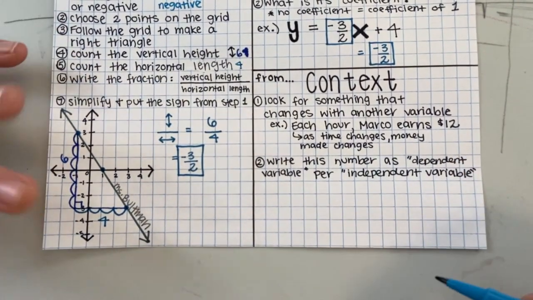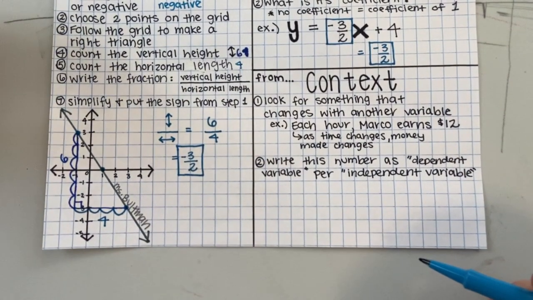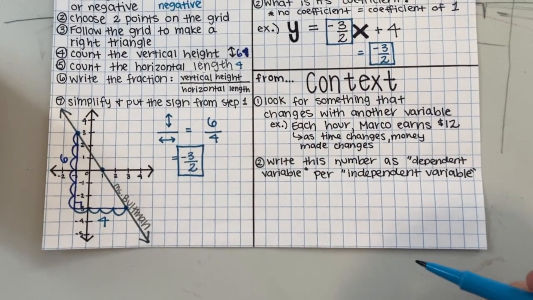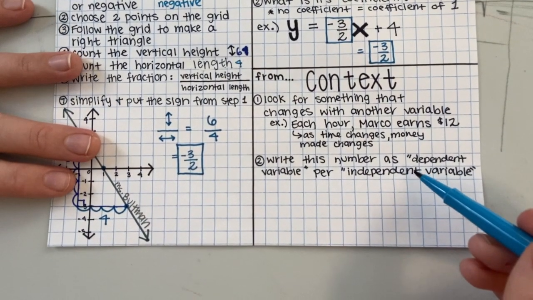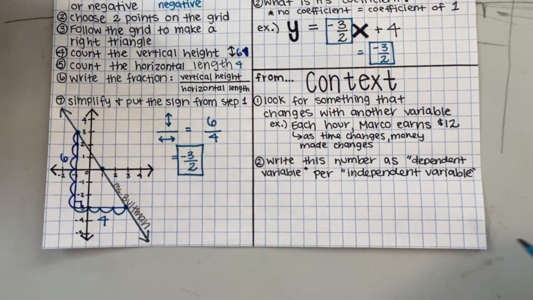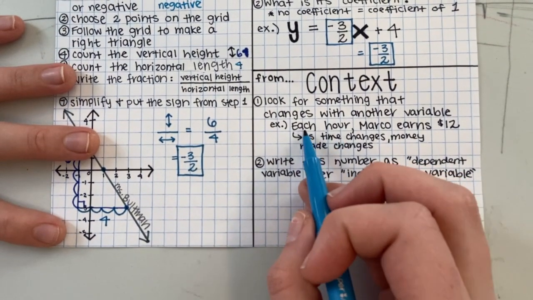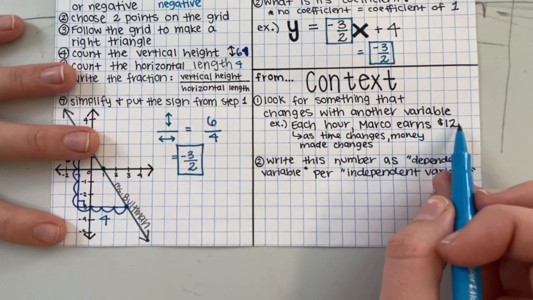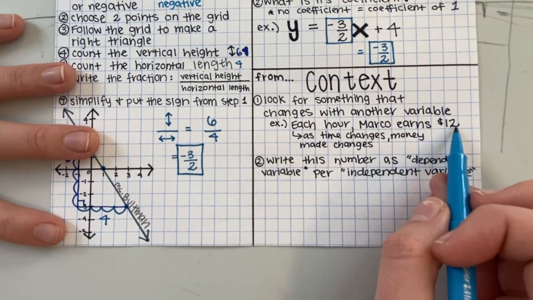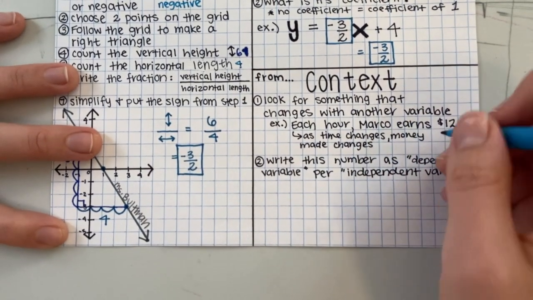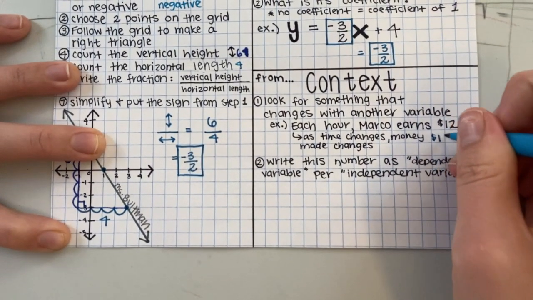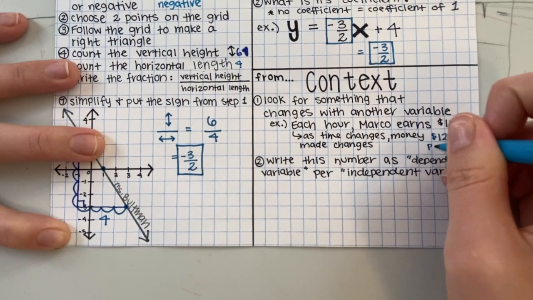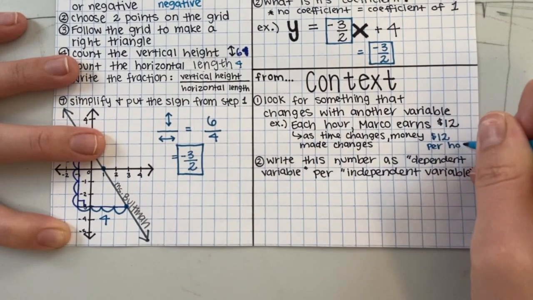So if you make $7 an hour, that is your rate. That's the rate of change. For every increase in 1 hour, you make $7 more. So in this little example we have here, it says each hour Marco earns $12. So I know that Marco earns $12 per hour.